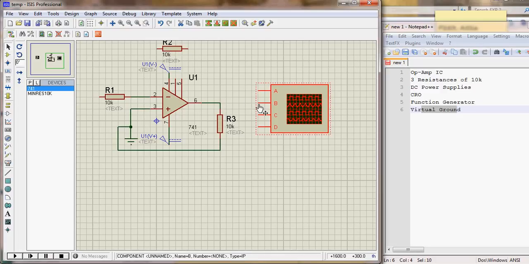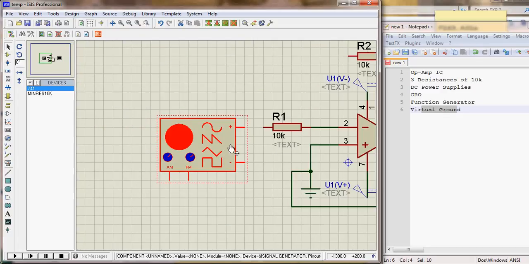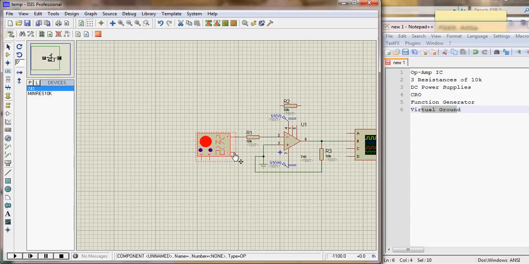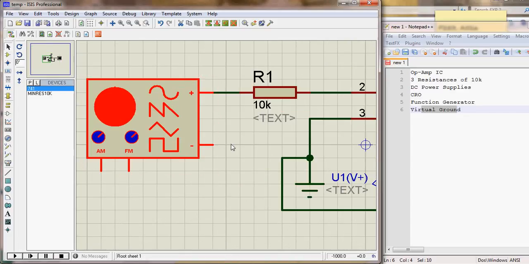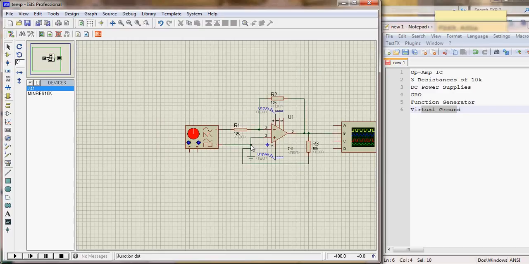Output is given to B terminal of CRO. This is function generator. This should be grounded. So this feedback also needs to get connected. We are done with the circuit diagram.